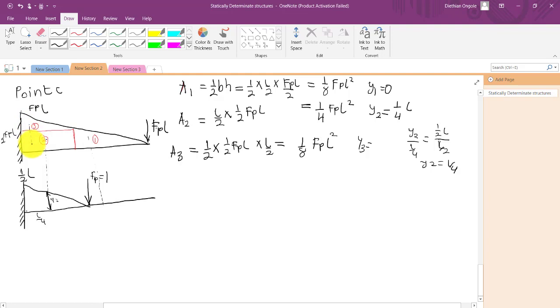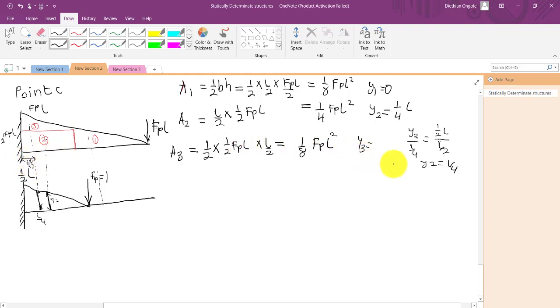So you draw it downwards here, our y3 would be somewhere here like this. From this point up to this point, it's supposed to be 1 over 3 L, but then our L is equal to L over 2, so it's 1 over 6 from this point up to this point.